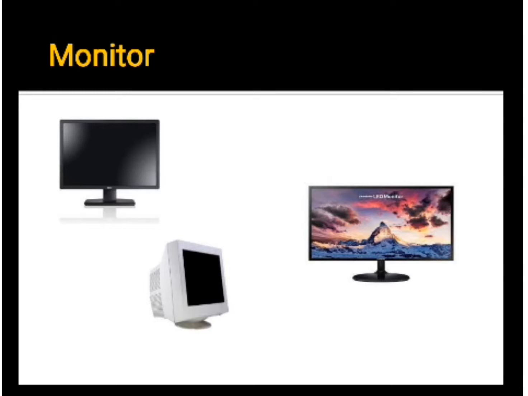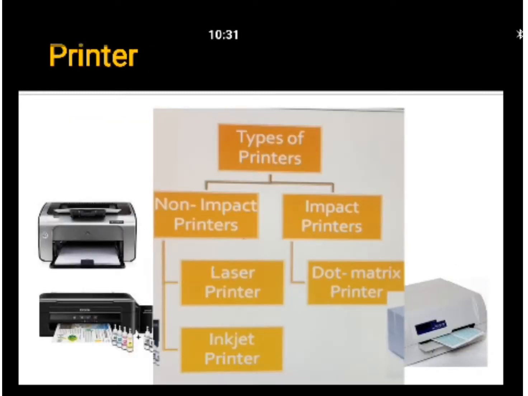Let's take a look at the next output device, that is a printer. A printer is an output device that gives you the output on a physical medium, such as paper, which is also named as printout or hard copy. We mostly have two types of printers, impact printers and non-impact printers.